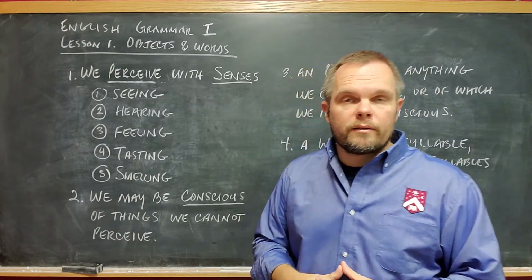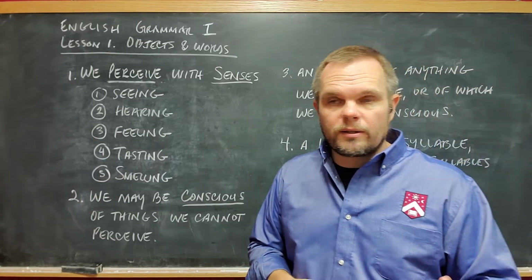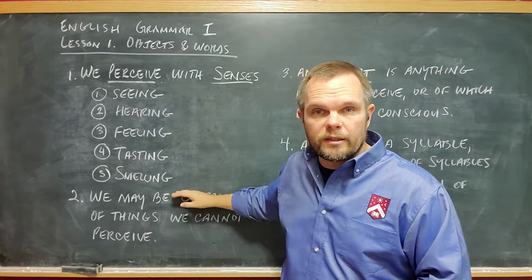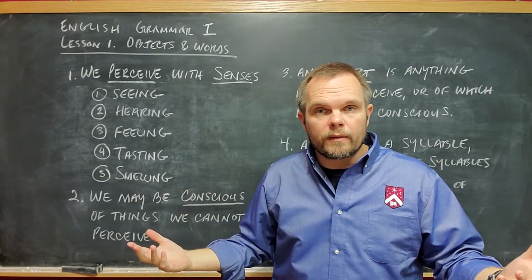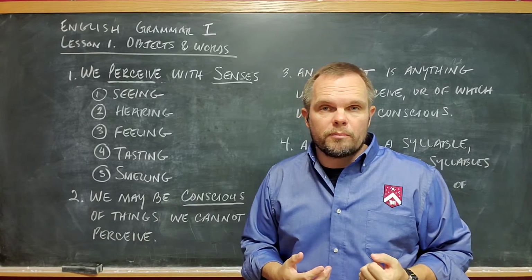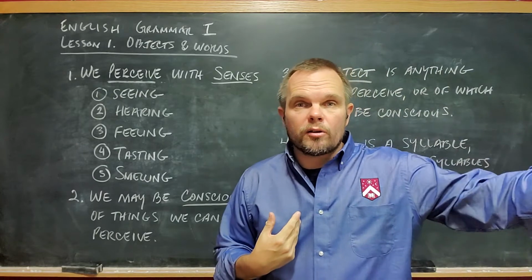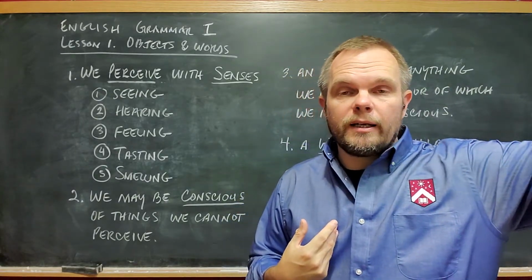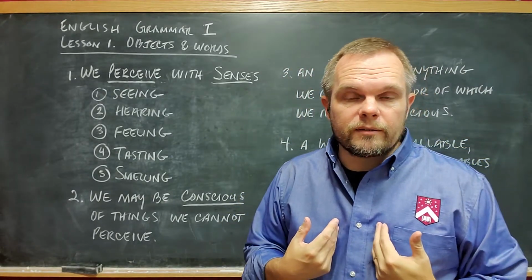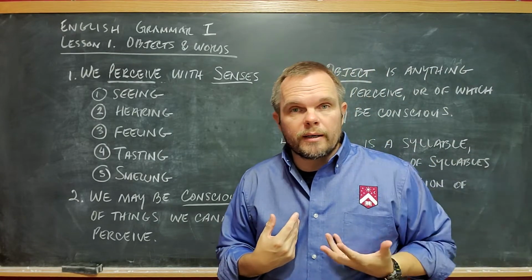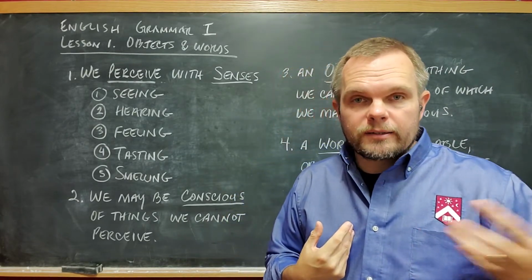Another way that we can be conscious of things that we have never perceived is by learning. We can learn from other people about things that we have never perceived. I can learn about a mountain in China that I have never seen. I can learn by words. Someone can tell me about it.